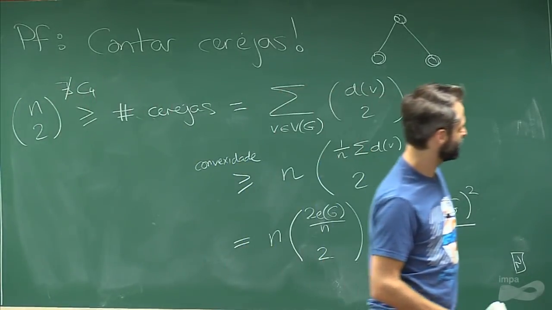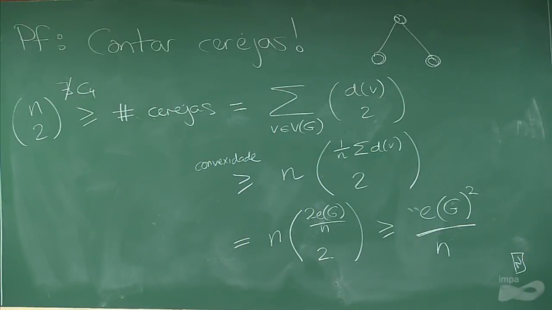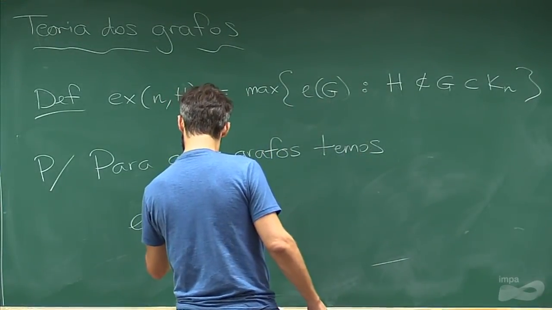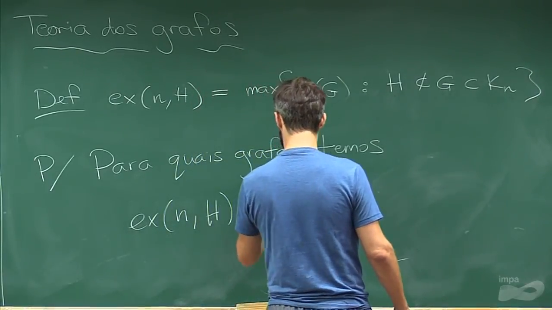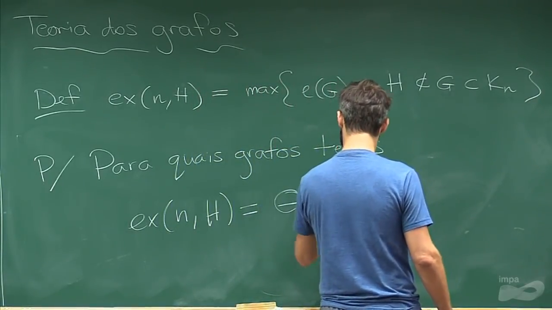So, question. For which graphs H do we have that the extremal number is order n squared?